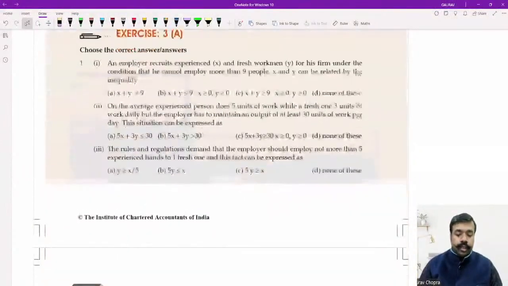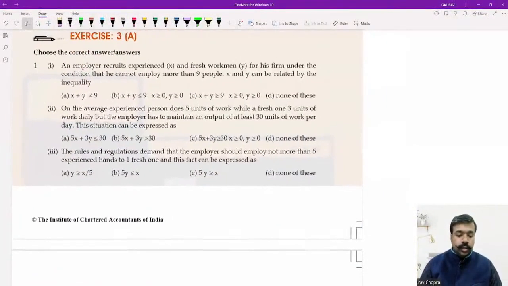All right, so now let us do exercise number 3A. Question first, and then the first part. An employer recruits experienced workmen, that is X, and fresh workmen, that is Y, for his firm, under the condition that he cannot employ more than 9.